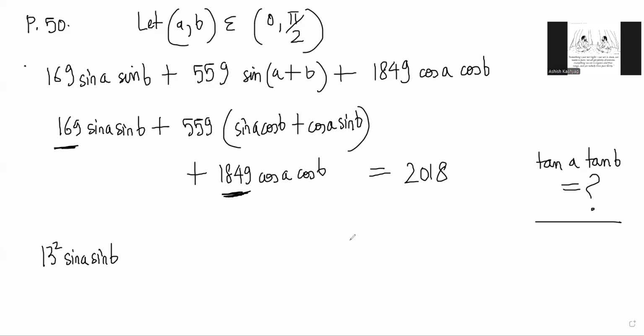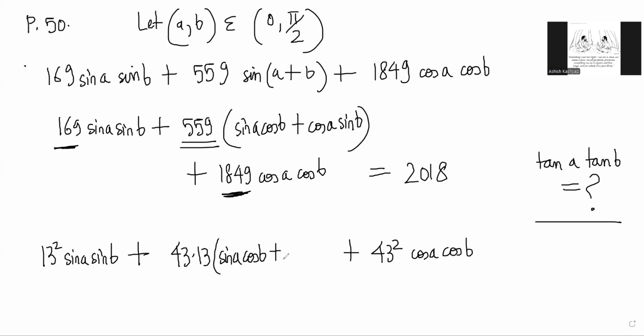We just now saw this is 43 square, right? And can you see that 43 into 13 is this? Is everyone understanding that the numbers are actually making sense? Yes, sir.